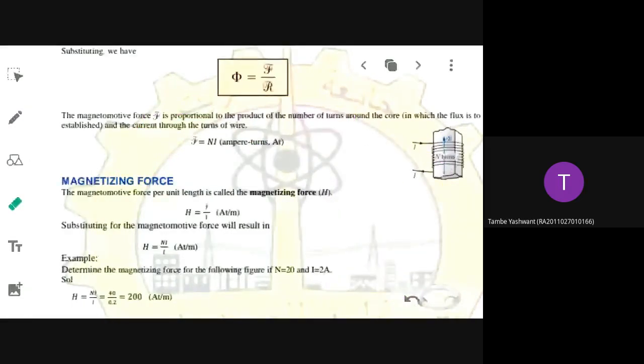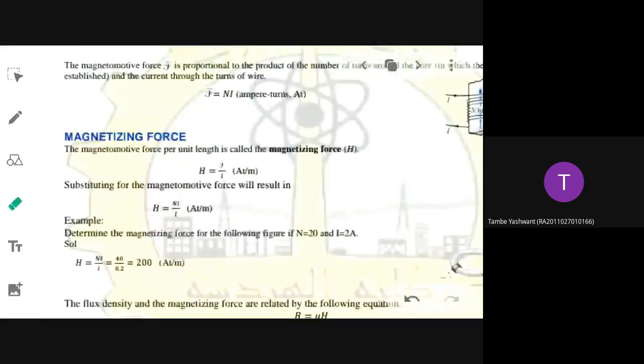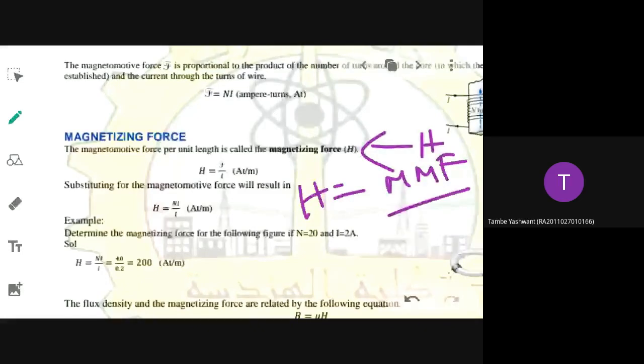Next comes your magnetizing force, represented by H, which is given by MMF divided by L. L is the mean length, so it is per unit length. You already know what the MMF is. Magnetomotive force, what is the formula? N into I, ampere turns.